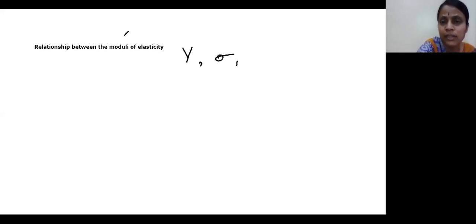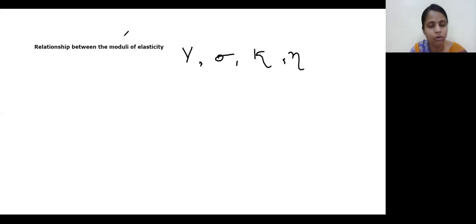I'm simply going to give you the relationship between the four alphabets that we are going to write over here. Y, that is Young's modulus; sigma, Poisson's ratio; kappa, that's going to be bulk modulus; and eta, that is going to be rigidity modulus. Every textbook, sometimes they use K, G, E, mu. So it depends upon the author.